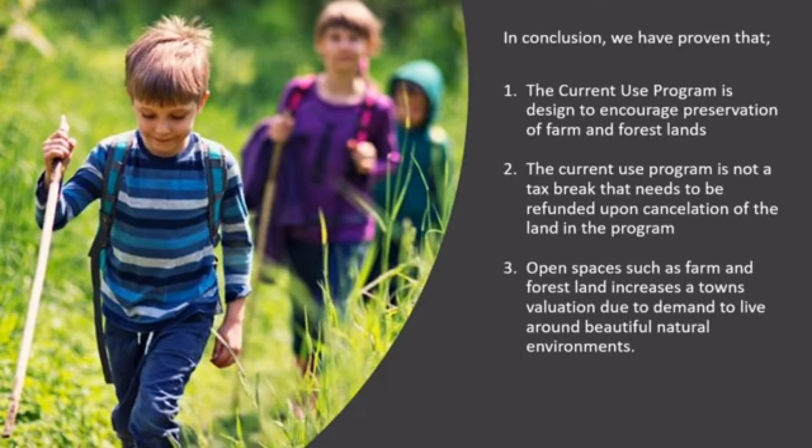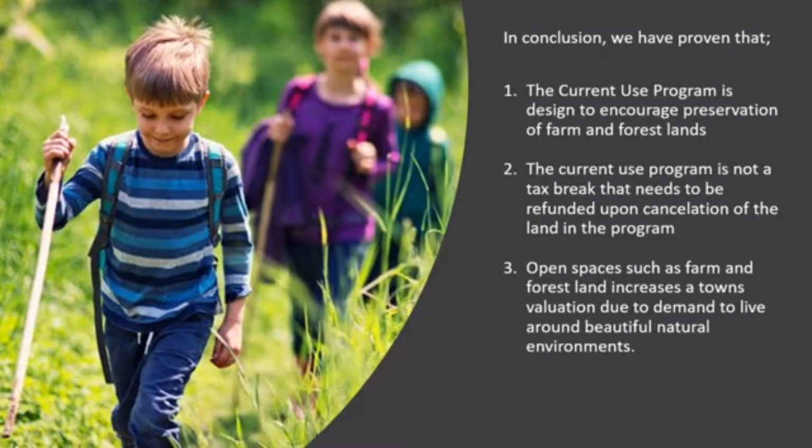So far, we have declared that the current use program is designed to encourage the preservation of farm and forest lands. The current use program is not a tax break that needs to be refunded upon cancellation of the land in the program. And thirdly, open spaces such as farmland and forest land increase the town's valuation due to the demand to live around beautiful natural environments.